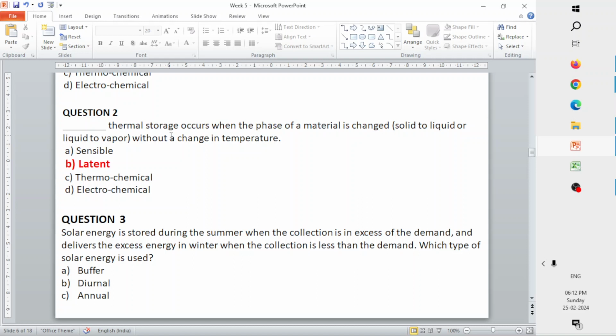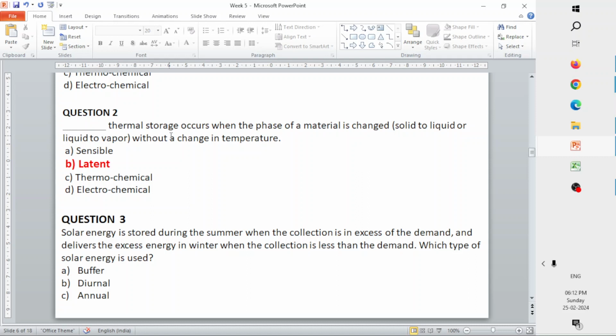It's not something we look at for an annual term. Summer and winter are two different seasons in a year. So buffer is not the right answer because it is specifically focused on a day, and there the amount of energy required and the collection remain almost the same throughout the day.